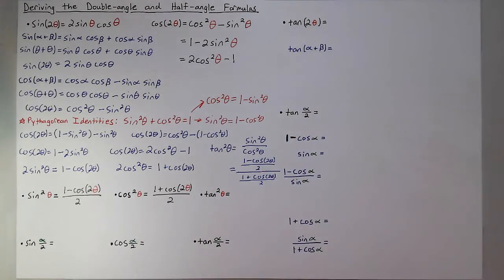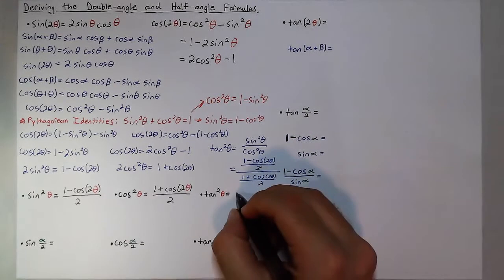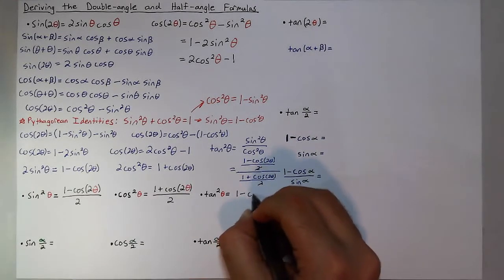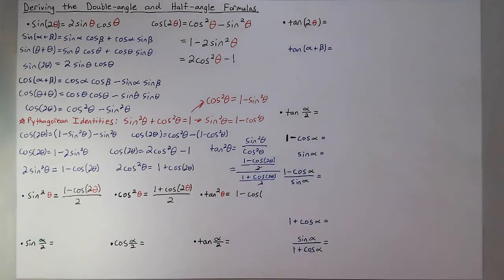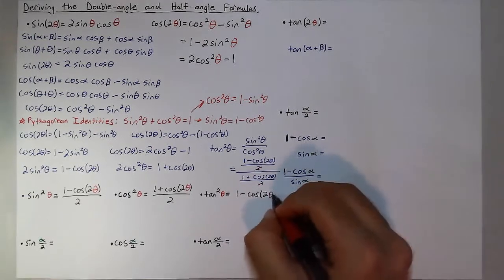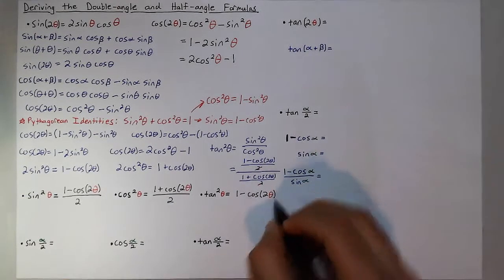And then these 2's will cancel, and I'll be left with 1 minus cosine of 2 theta over 1 plus cosine of 2 theta.